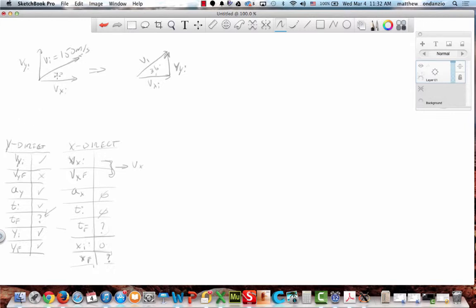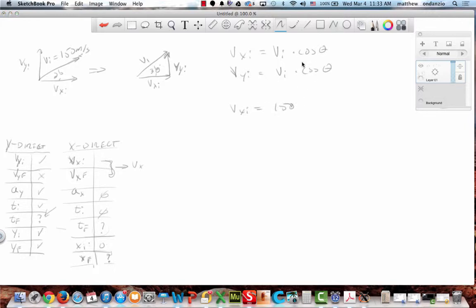Does that make sense? So how do I figure out my Vxi and my Vyi? Trig. Vxi is equal to Vi times cosine of theta. Vyi is equal to Vi times cosine of theta. Everyone follow me so far? So that means my Vxi equals 150.